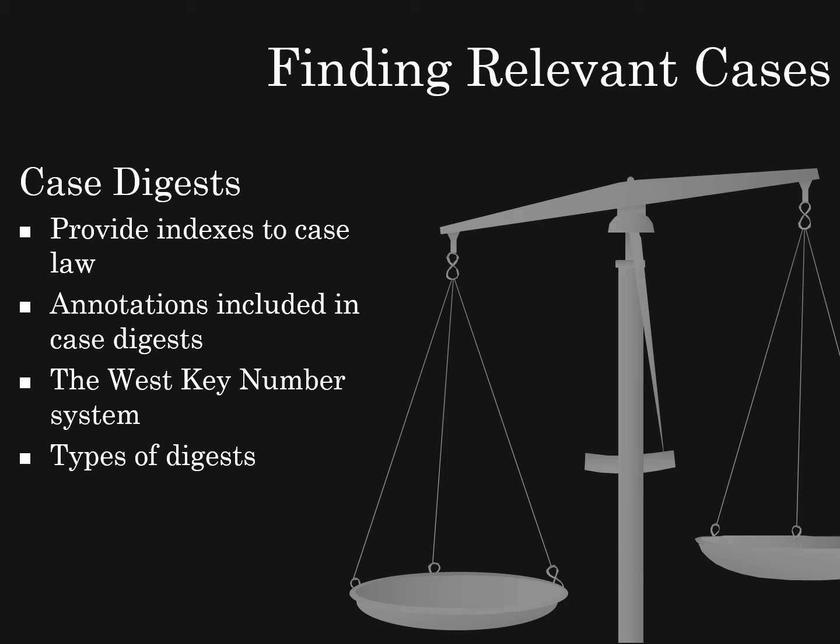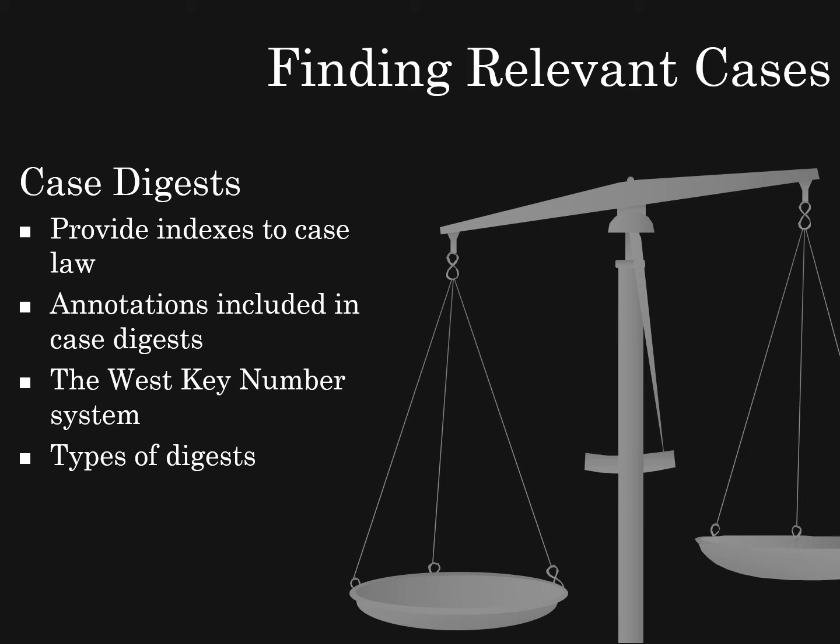For those of us who have been researching for a while and learned to research prior to the internet, we are used to working in an index or in indices, but for students who have grown up with the internet, it's a little bit more challenging to learn how to use an index, but it's something that you need to become proficient in.